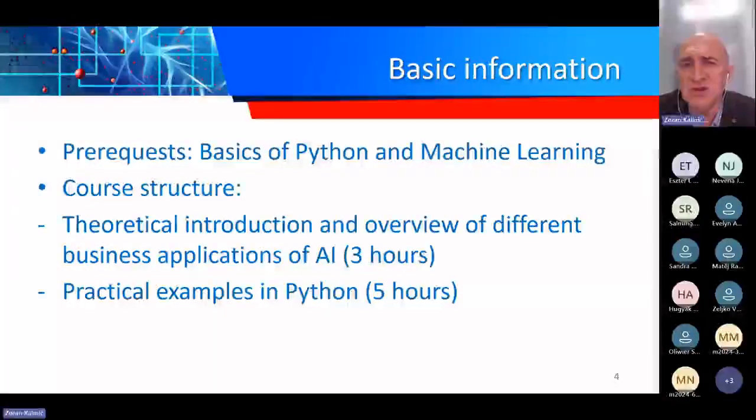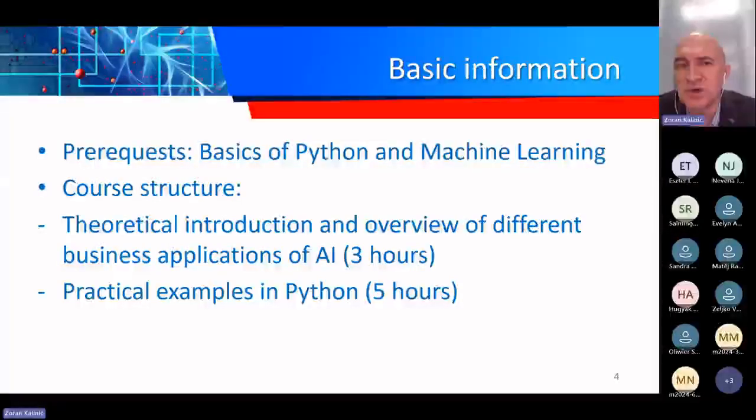Also, out of these 3 hours, 1 hour will be dedicated to some introduction into artificial intelligence. What is artificial intelligence? What are its main characteristics and benefits and issues with artificial intelligence?